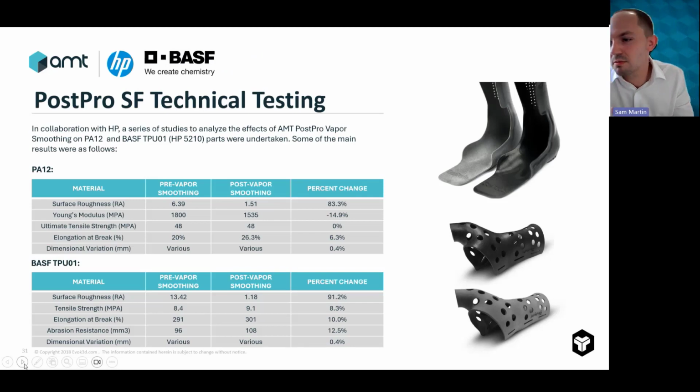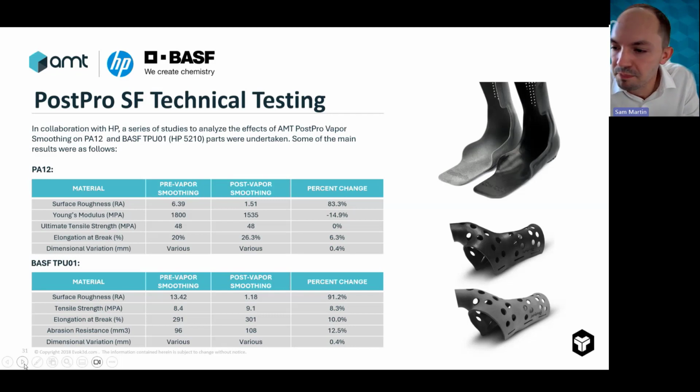Okay, so now you've seen how the vapor smoothing works. If you have any more technical questions, Simon and the guys at Evoke will be able to talk you through it. But I'd like to talk a little bit about the technical testing that we've done with the Post-Pro SF machines. One of the studies I thought I'd talk about was one we did with HP, obviously with Clara being on the call.